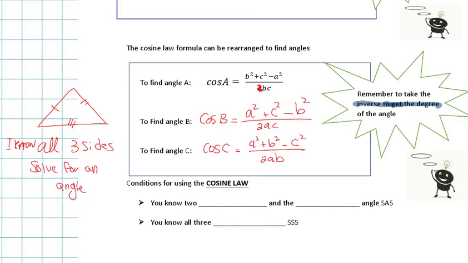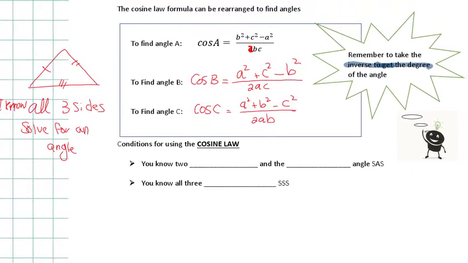So you know two sides and the contained angle, and they call it side angle side, SAS.